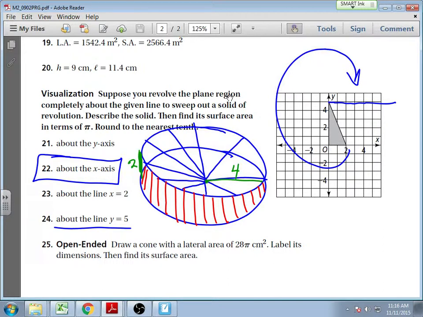So we have one base, we have the side area of the cylinder, and then we have the lateral area inside of here. So to answer 24, it's big B plus 2 different lateral areas. And this lateral area from the cone is the pi R L.